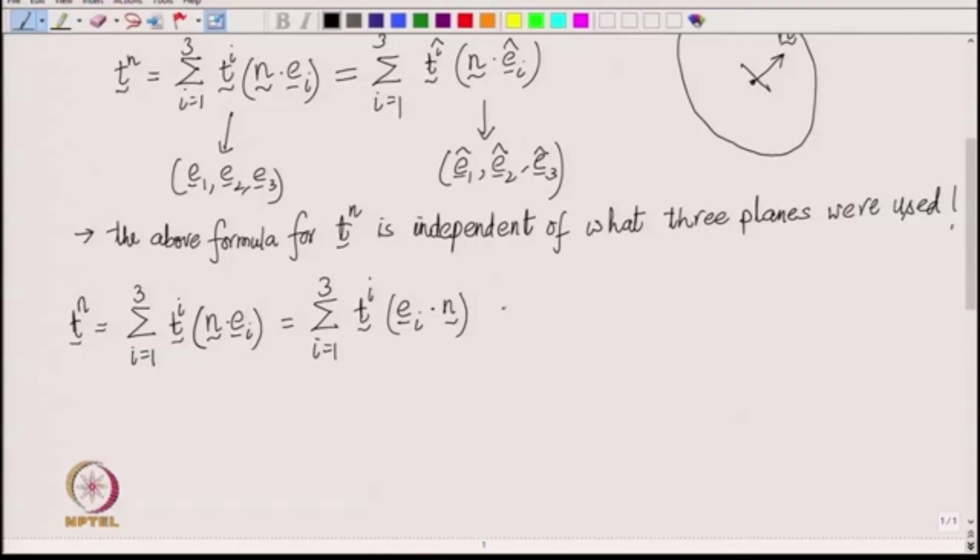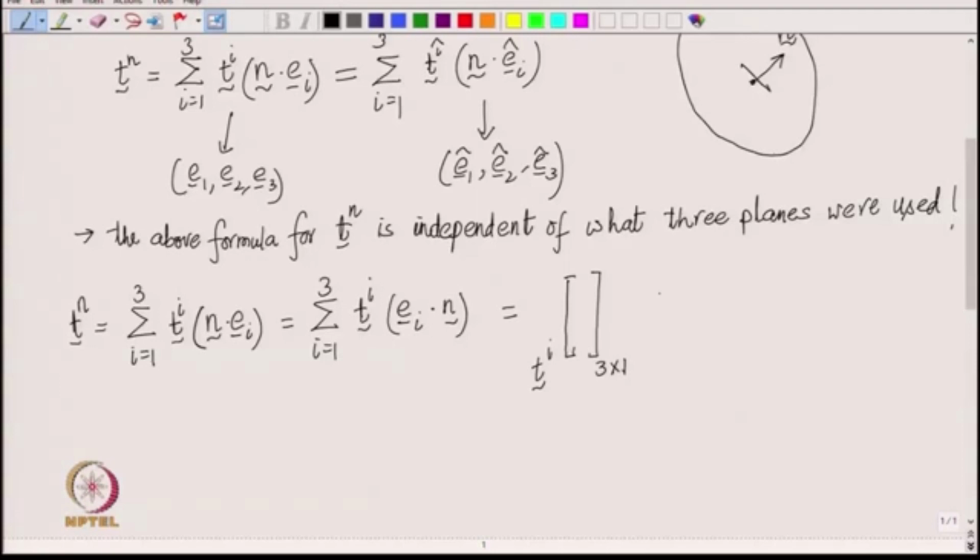And then let me try to write this down in column form. Ti is a vector, so it becomes a column. That is Ti, and in 3 dimensional space it is 3 cross 1, it has 3 components. Then we have the dot product of Ei and n, and to take the dot product, you can recall from the first lecture, I have to take the transpose of the first vector and then multiply with the second vector.